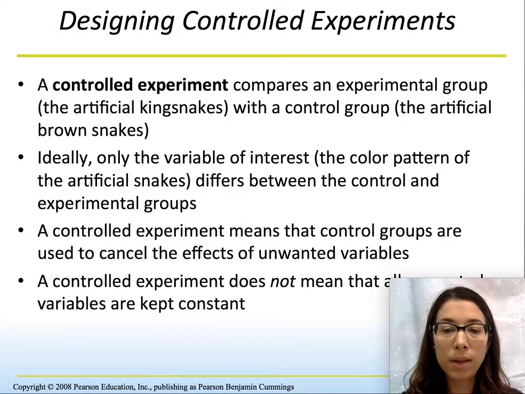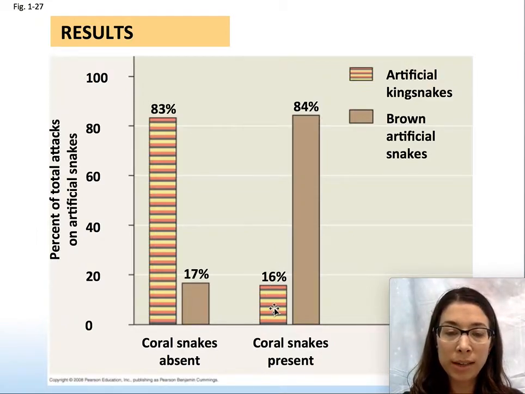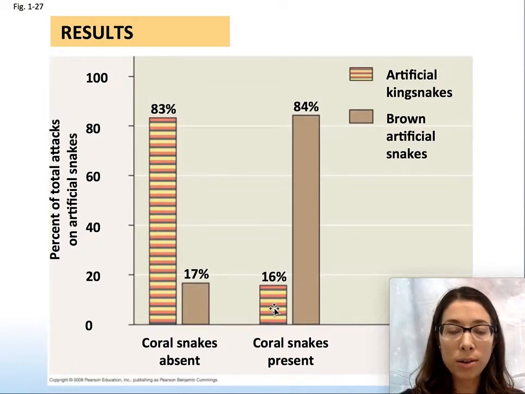So in this experiment, they designed it to have a very important control, right? So here the brown snakes are the control. Without the brown snakes, we'd be able to say the artificial king snakes were attacked much less frequently in the south, where the poisonous snakes are present, but we wouldn't be able to make the same conclusion necessarily. So what if in the south there are fewer predators in general?